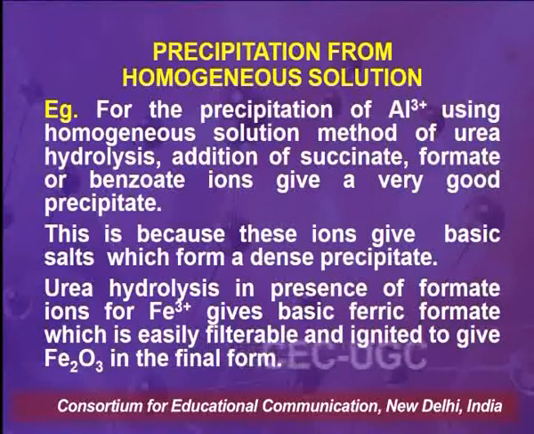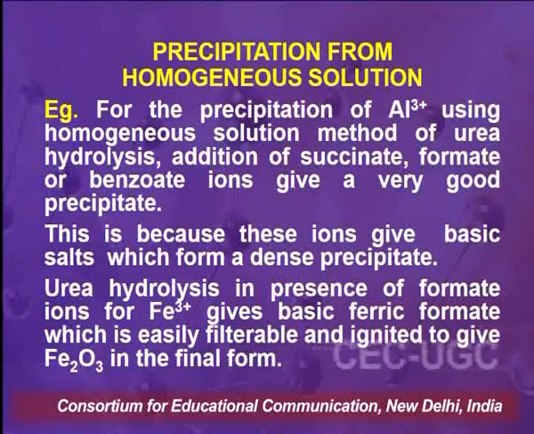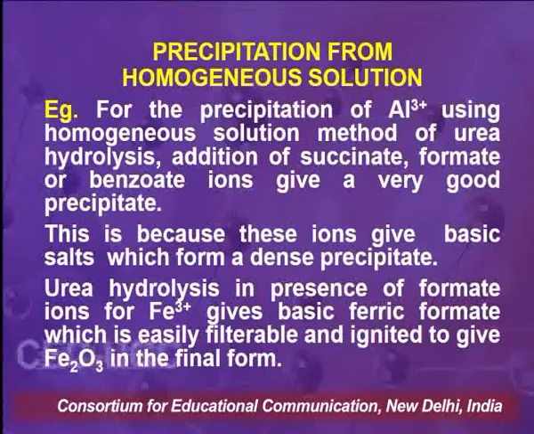By using the homogeneous solution method of urea hydrolysis, the addition of succinate, formate or benzoate ions gives a very good precipitate. That is, for the precipitation of aluminium ions using urea, in which carbon dioxide and ammonia are produced to provide a basic or alkaline medium, the compound is precipitated with the help of succinate, formate or benzoate ions.